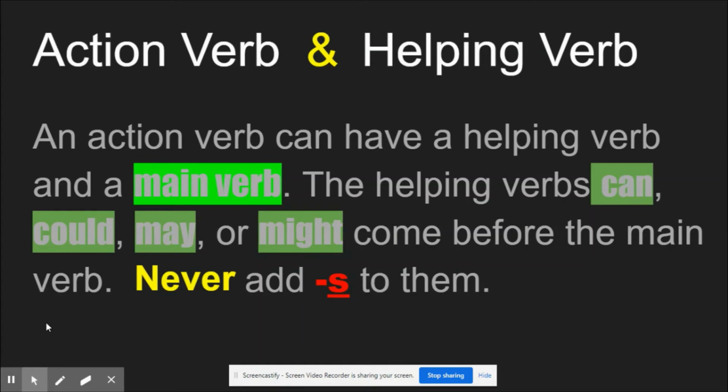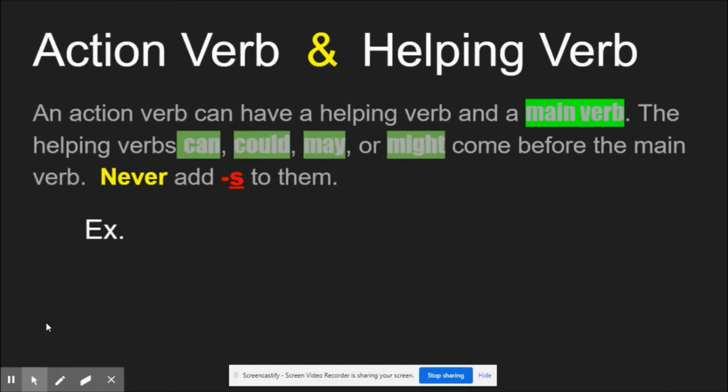When we have more than one, correct? So it could have two or three, sometimes even four verbs. Okay, so the helping verbs can, could, may, might come before the main verb, and they never, ever get an S. So you never add an S to any of these helping verbs, okay? So remember that, no S.